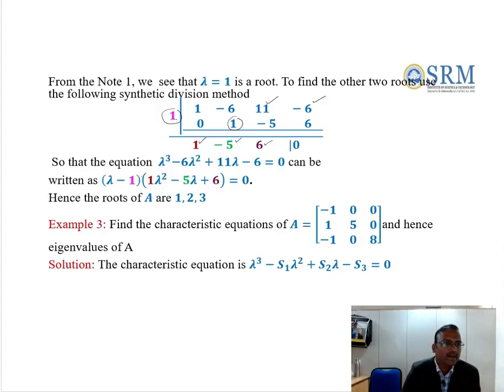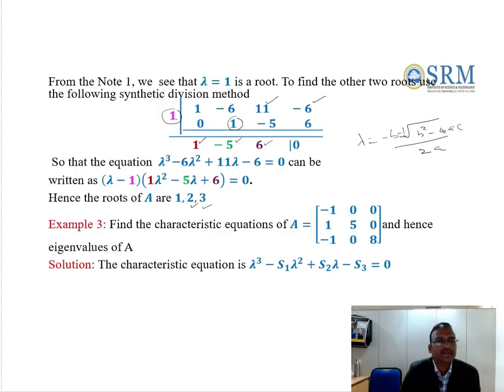Already we have extracted one first degree polynomial, that is lambda minus 1, and then to find the roots of this polynomial use the formula lambda equal to minus b plus minus under root b square minus 4ac upon 2a. That gives the values 2, 3. Therefore the roots of the characteristic polynomial are 1, 2, 3, right? Fine. Now let us move to the next problem.